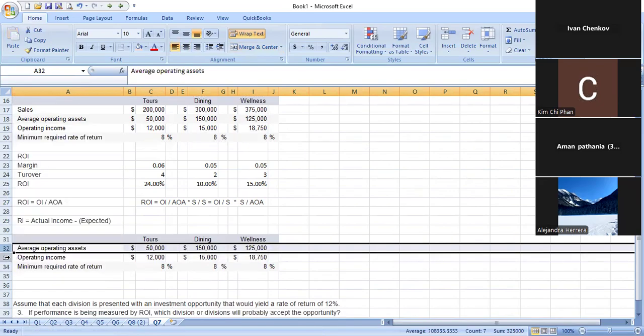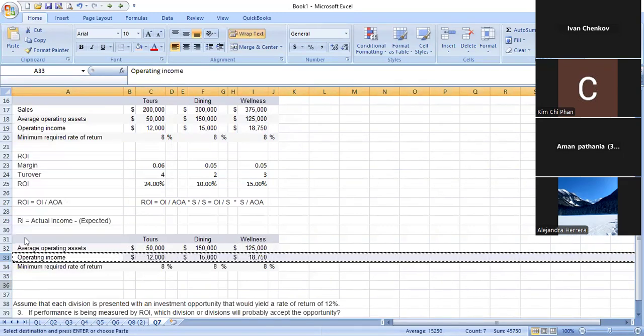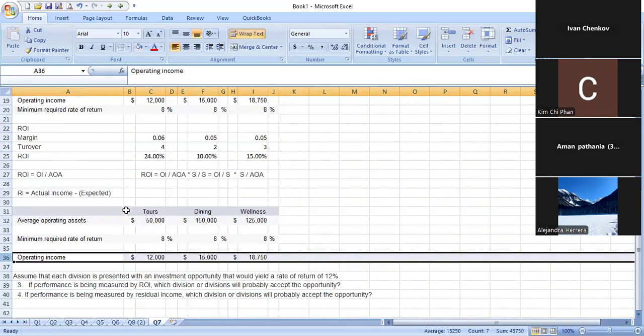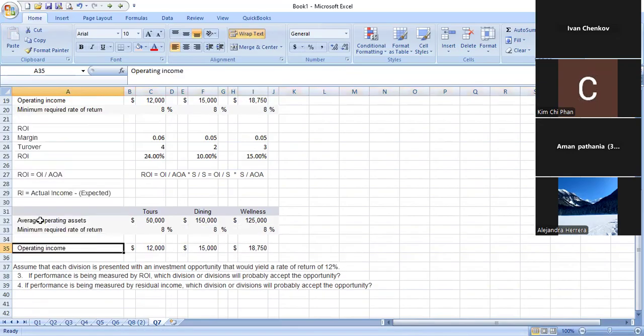Delete this one and leave this one, but I'm going to cut it from here and paste it here. So, this is how much we have in each division. This is how much we want. Minimum required rate of return.